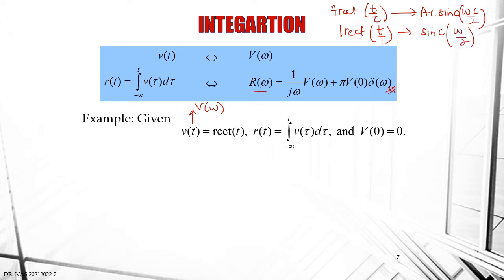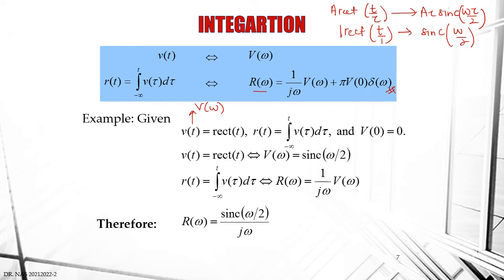So what is R(ω) then? r(t) is given by this integration equation, so R(ω) equals this equation, providing that this condition holds: V(0) will be 0 when ω equals 0.